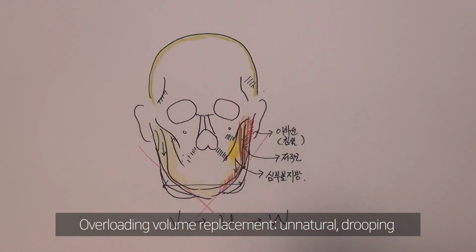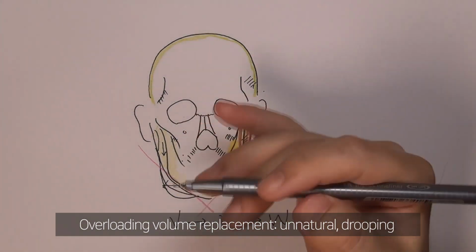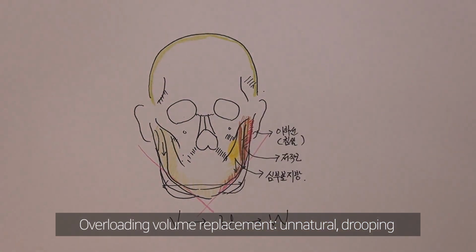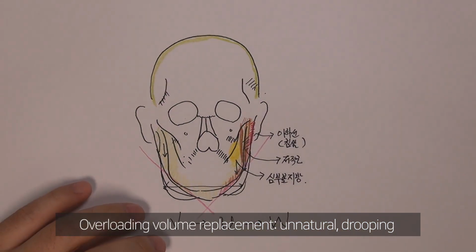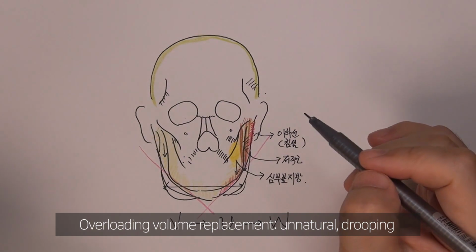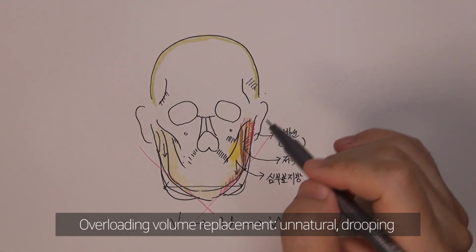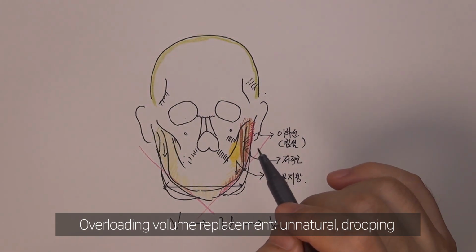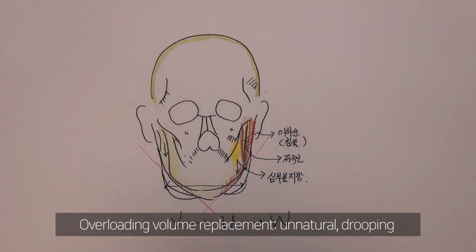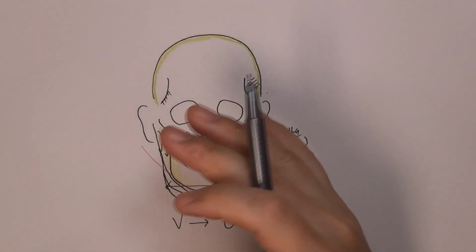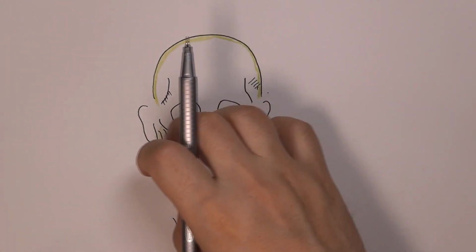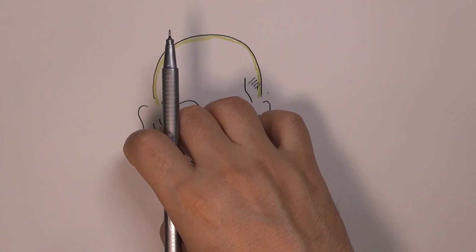However, inadequately or inappropriately injected filler and fat tissues might accentuate the tissue sagging by mass overloading or lump formation in the superficial layer of the facial soft tissue, making facial expression unnatural.